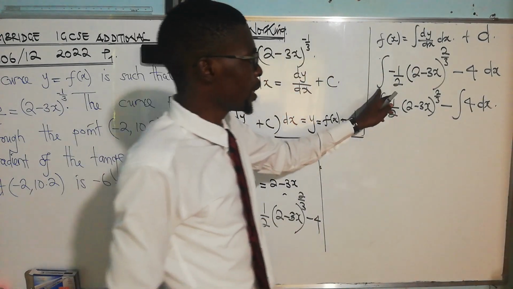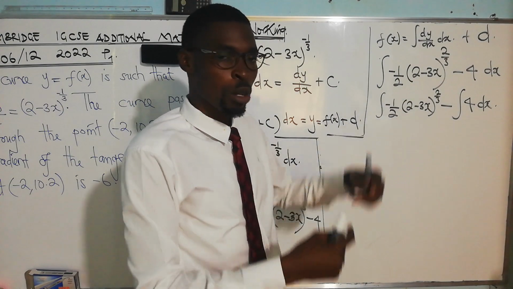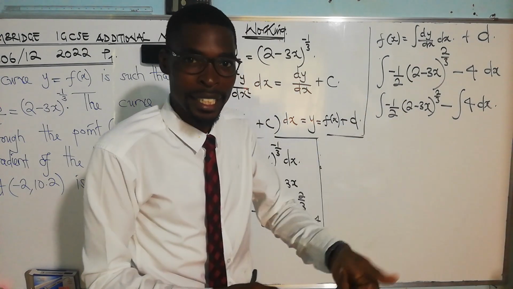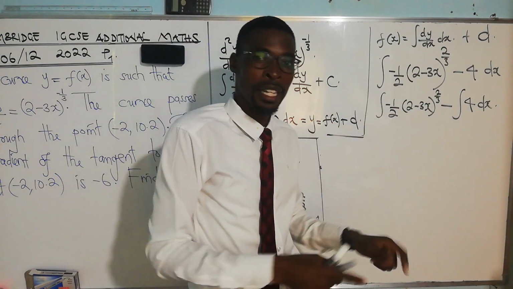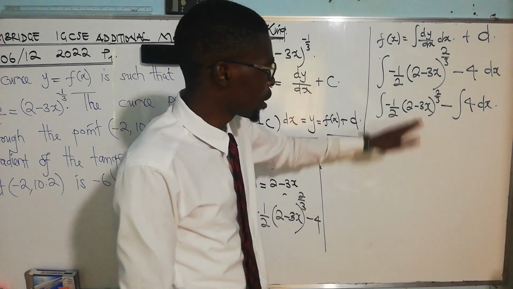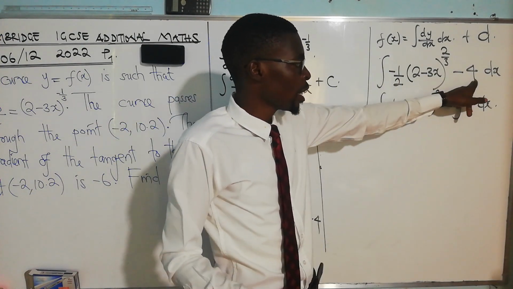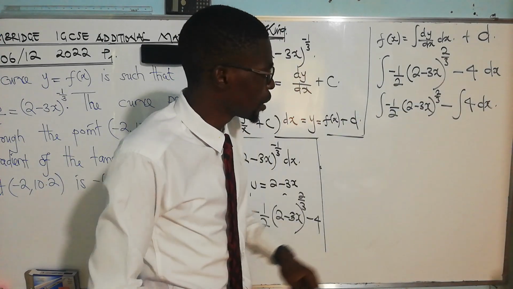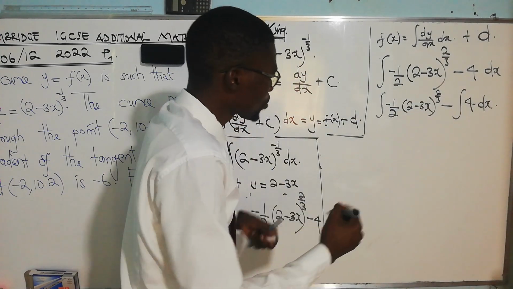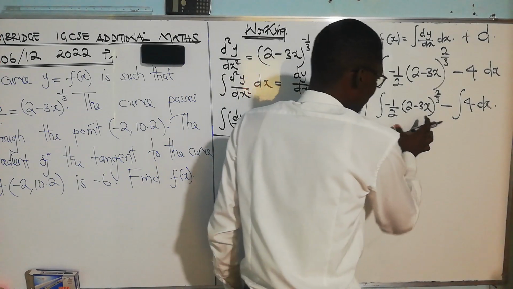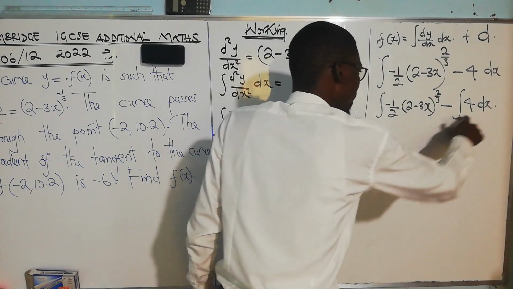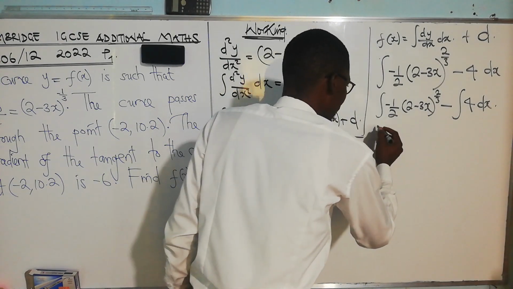So you can split the integral. The integral of f of x plus g of x is equal to the integral of f of x plus the integral of g of x. That's what I've used, where I'm looking at this as a function and this one as a function on its own. So you integrate like that. So let us integrate that. This is easy to integrate. I can integrate it right away.